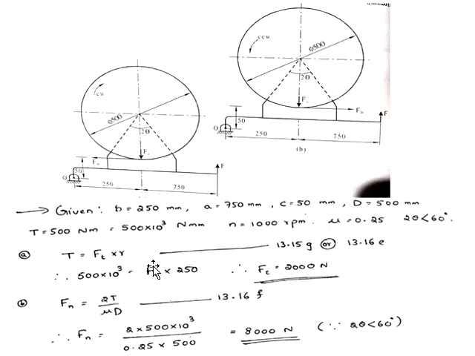First sub-question, you have to find out the Ft value, the tangential force. We know the equation torque is equal to Ft into R. This is equation number 13.15G or 13.16E in your data handbook. The torque value is given in the question, the diameter is given, so you can find out the radius.